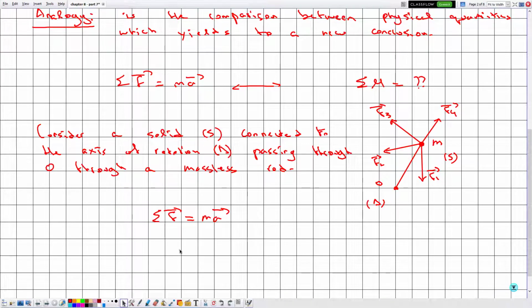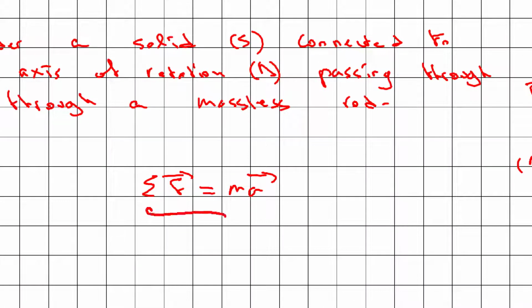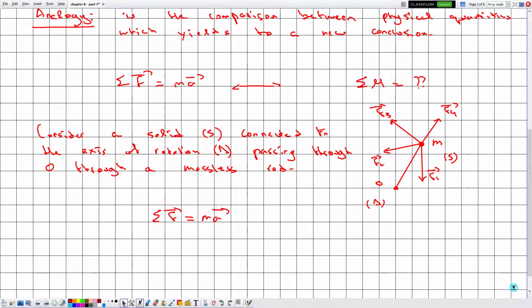So this equation now will split into the following. On the left hand side, we write the different forces: F1 plus F2 plus F3 plus F4 is equal to ma.